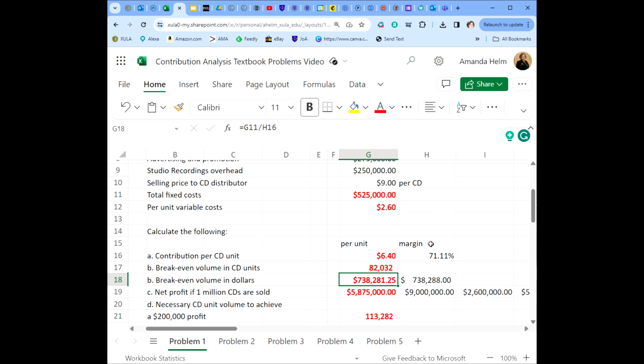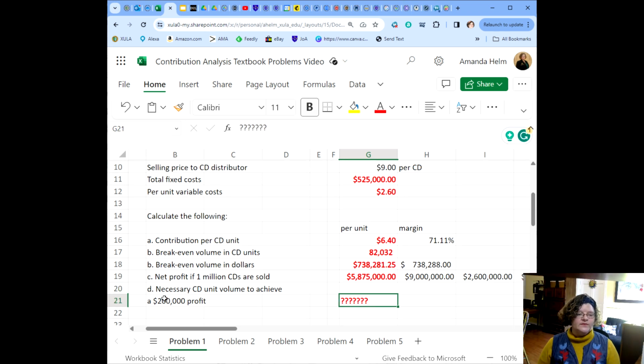Because we divided by a number smaller than 1, it gave us a bigger break-even number, which is what you'd expect. That's another way to check that you're on the right track. Is it normal that I divided by this and got a bigger number? Would we expect that you would need more sales to cover your fixed costs? Yes. So we know we're on the right track there.